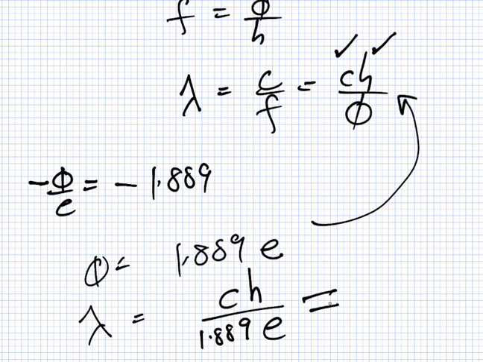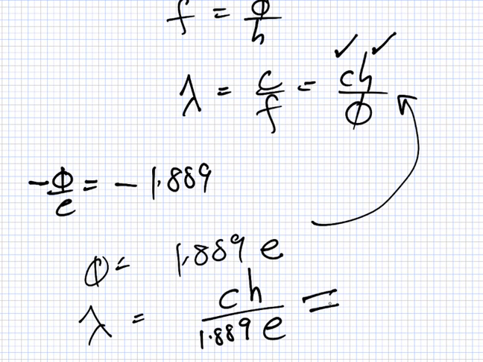Now I'm guessing that the answer would be something like about, I don't know, 750 nanometers. Do we need to use the h that we get? I would accept both in the exam.